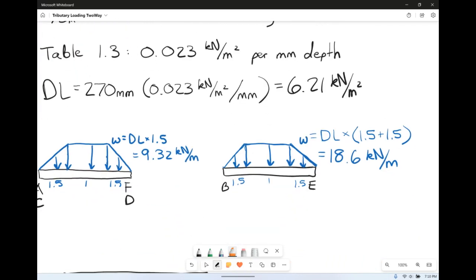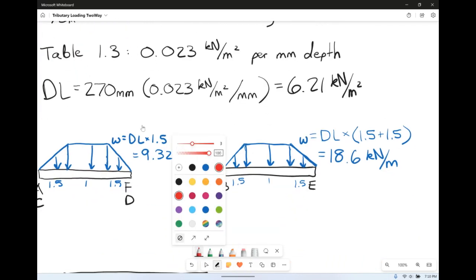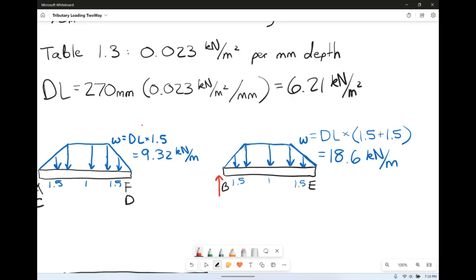So because of that, we need to find the reactions here. You can solve this in two ways. The technical way is to sum the moments about B and you'll find the reaction at E.